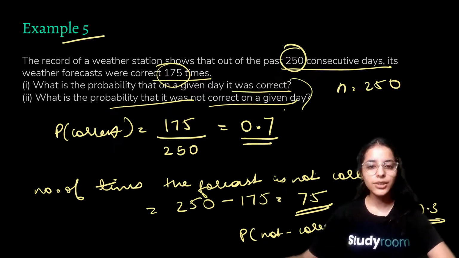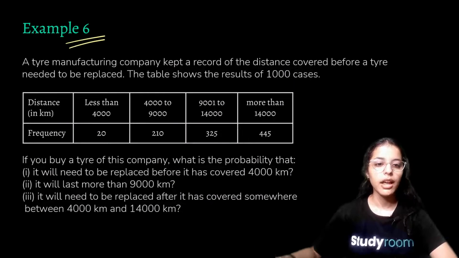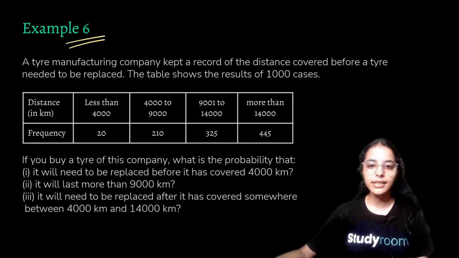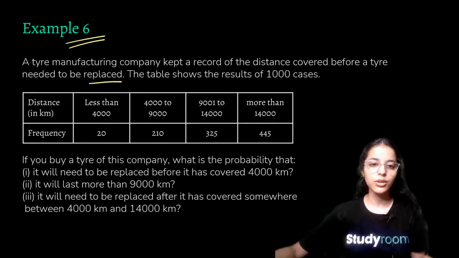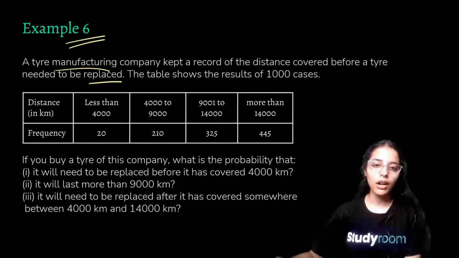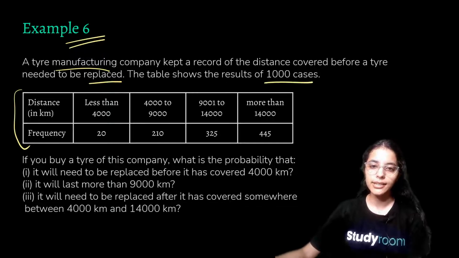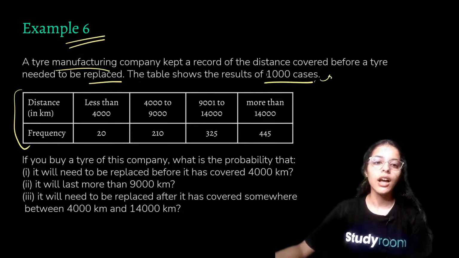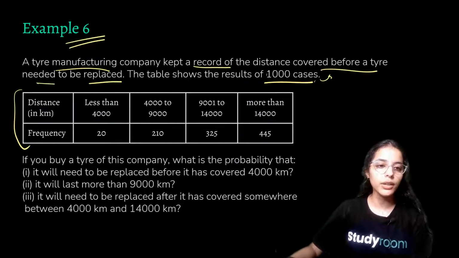So let us move on to our next question, that is example number 6. Now in this question, a tire manufacturing company has kept a record of the distance covered before a tire needs to be replaced. So this is a tire manufacturing company, maybe for a car, maybe for a motorcycle, but that is not our concern. Our concern is the table given. That is, the table shows the record of 1,000 cases of the distance covered before the tire needs to be replaced.